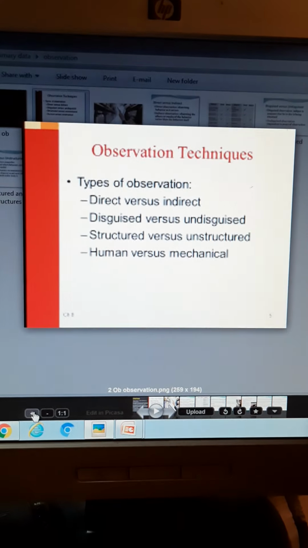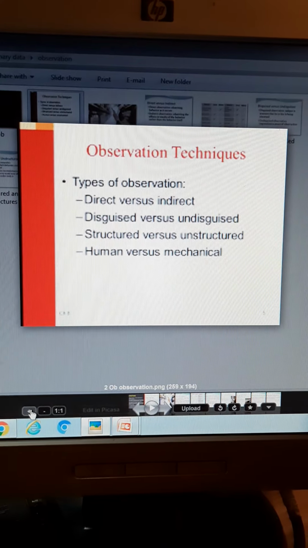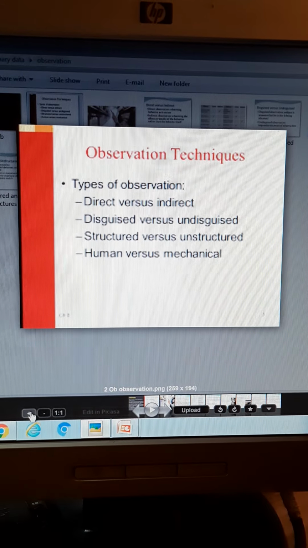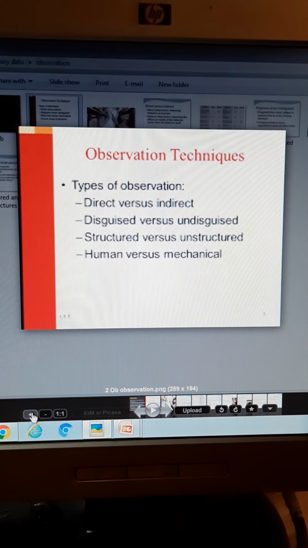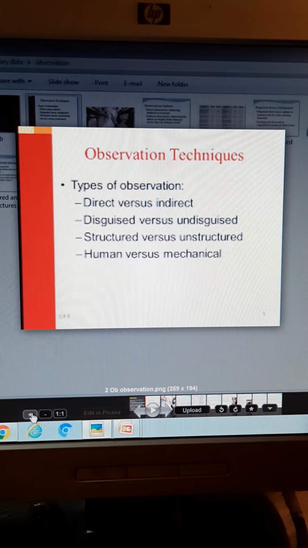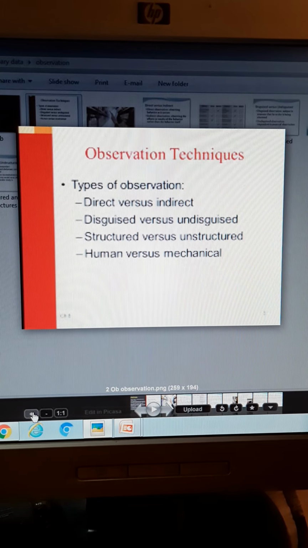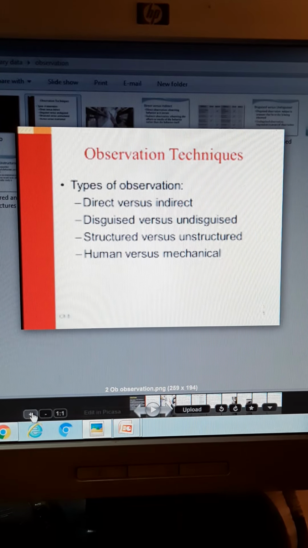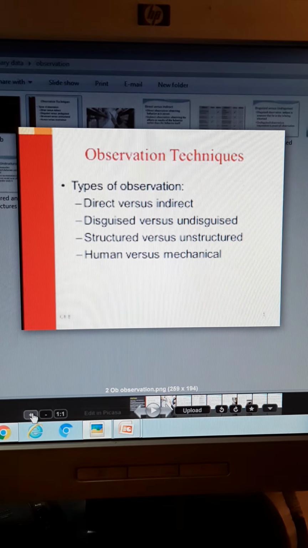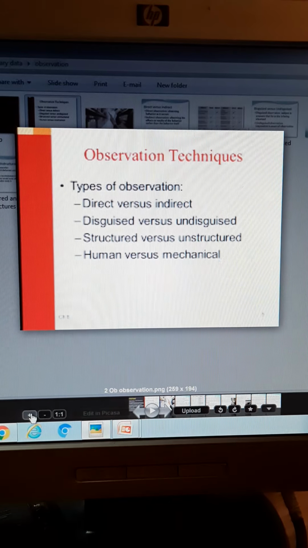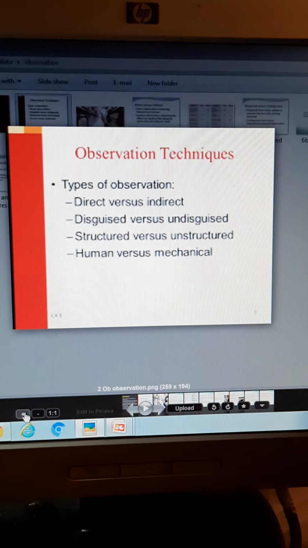So let us see what are the various types of observation research. Observation research can be direct or indirect, disguised or undisguised, structured or unstructured, human or mechanical. There are 4 different ways of observation.